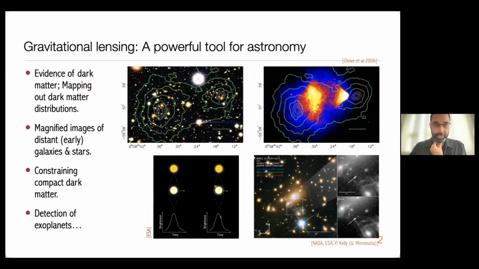And another aspect of lensing is microlensing by much smaller objects, including stars, compact objects, and potentially other kinds of compact objects which are broadly classified as MACHOs. We know that there is a possibility that a good fraction of dark matter could be in the form of compact objects.